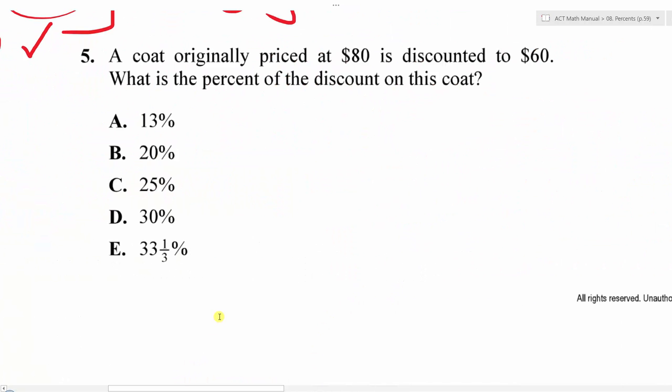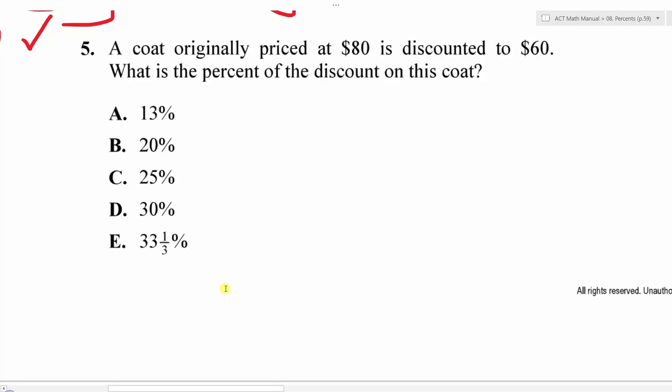Now, example 5 is just sort of a plug and chug question, now that you know the formula for percent decrease, percent increase, or percent change. A coat originally priced at $80 is discounted to $60. What is the percent of the discount? In other words, they're asking what is the percent decrease here. So again, remember what we do.